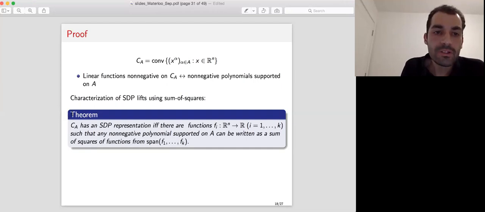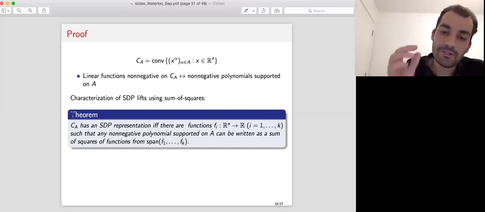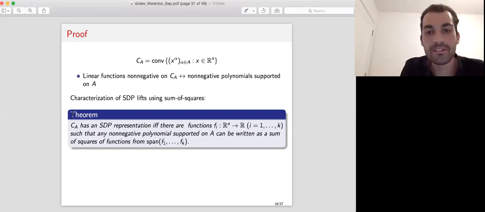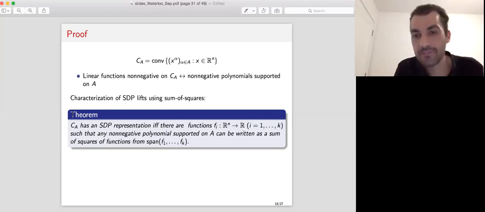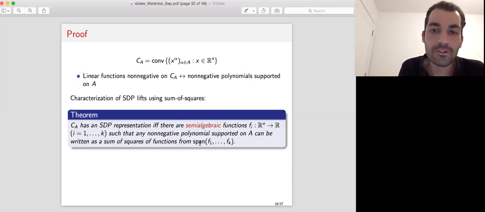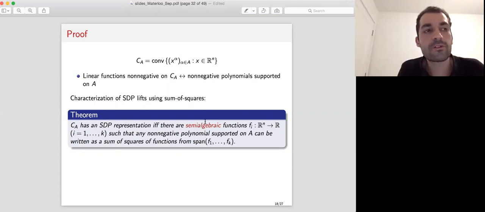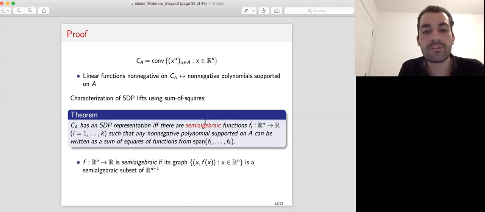There is one technical detail that is important here, and that is actually the main thing that allows me to prove this result: one can show that these functions fi can be taken to be semi-algebraic. Semi-algebraic functions are those functions whose graph is a semi-algebraic set.